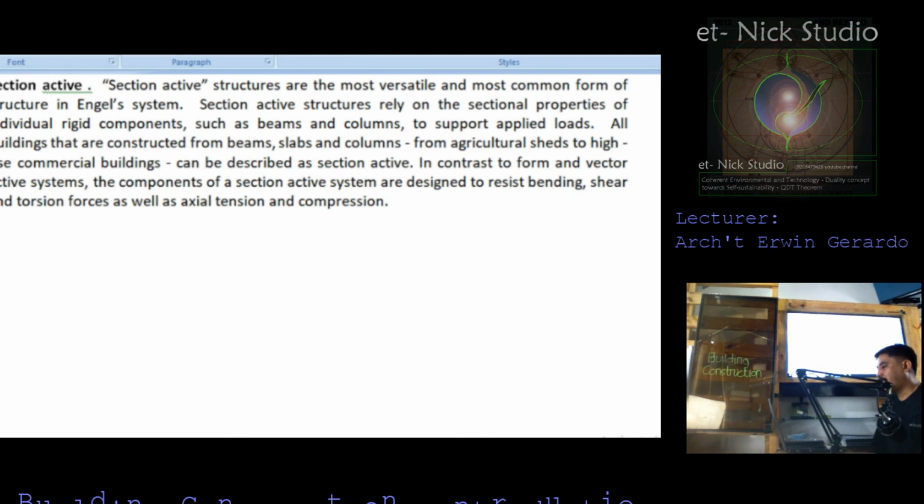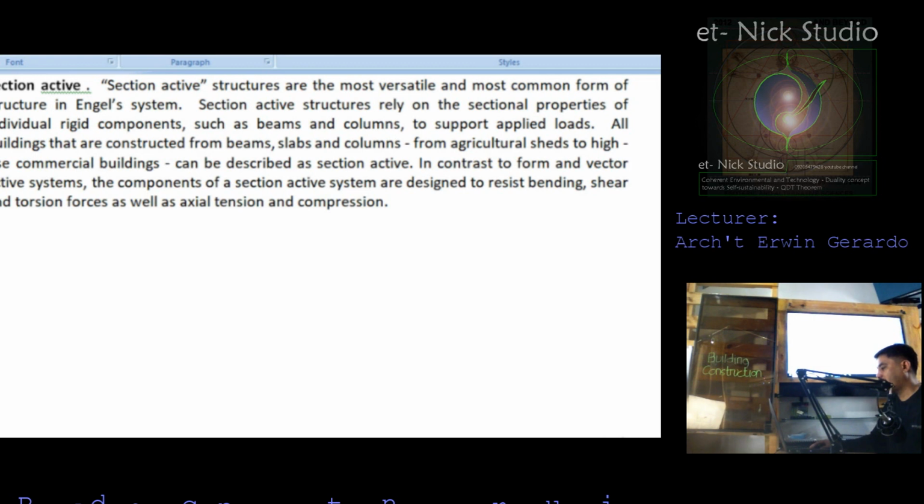All buildings that are constructed from beams, slabs, and columns, from agricultural sheds to high-rise commercial buildings, can be described as section active. In contrast to form and vector active systems, the components of a section active system are designed to resist bending, shear, and torsion forces, as well as axial tension and compression.